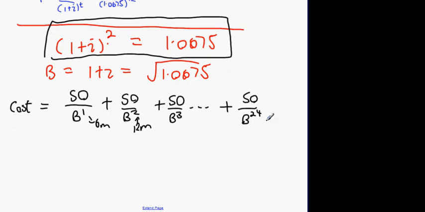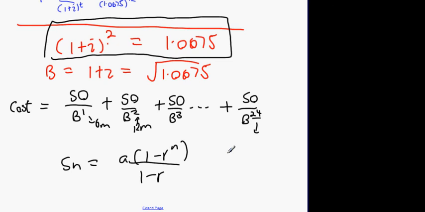Because it's 24 half years, so this represents 12 years, or 144 months. Now, what we have here is a sequence, Sn equals a times 1 minus r to the power of n, all over 1 minus r.